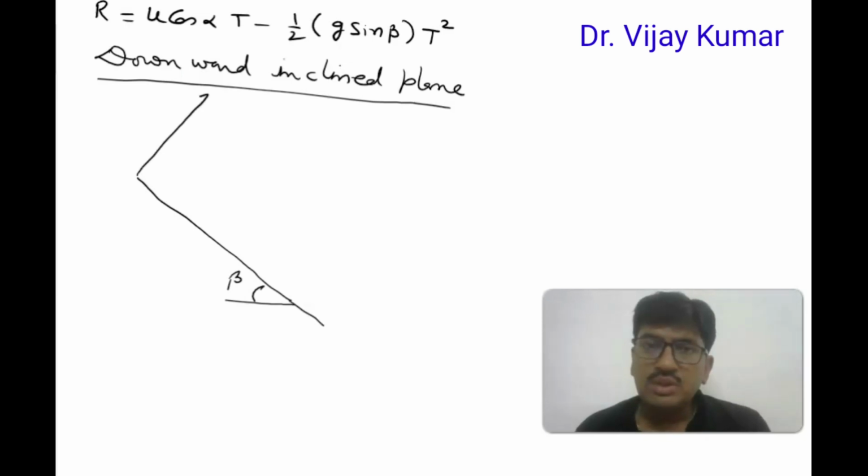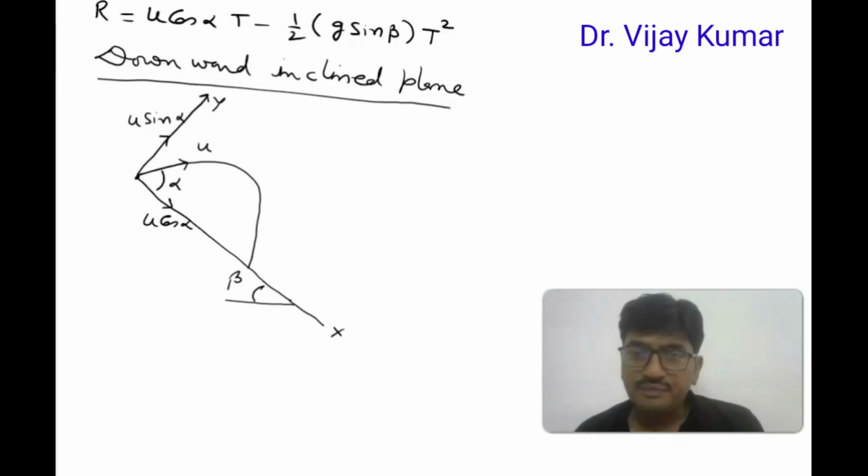Suppose this represents y, this represents x, and the object is projected like this. This is the initial velocity and this angle is alpha. The components of the velocity are u cos alpha, and in this direction u sin alpha.